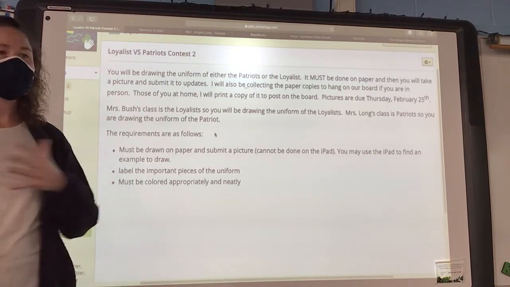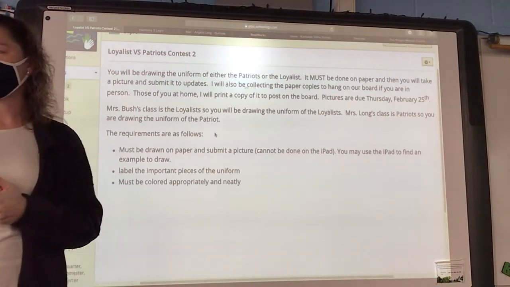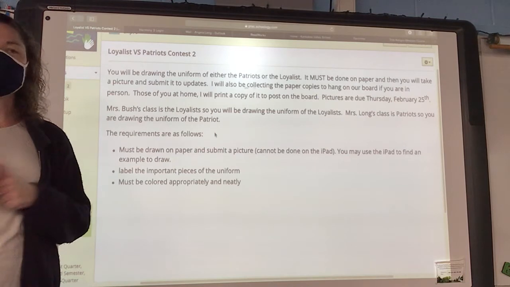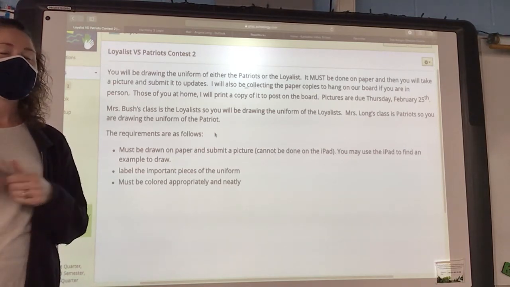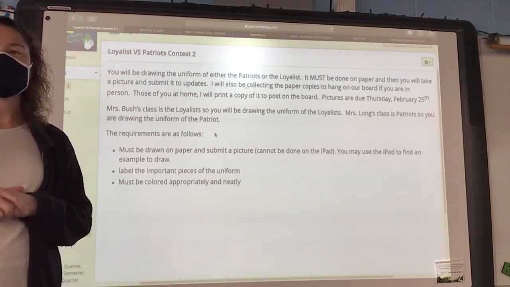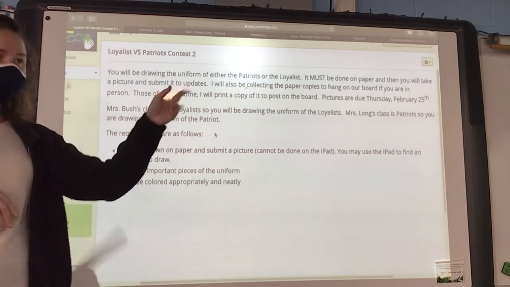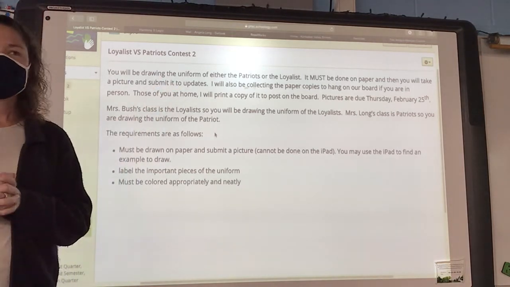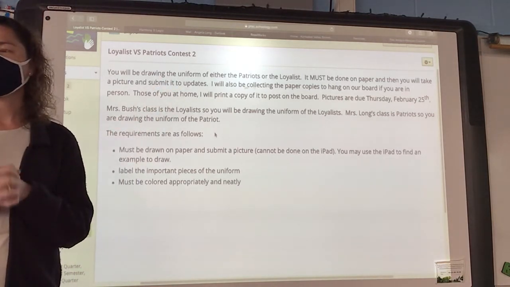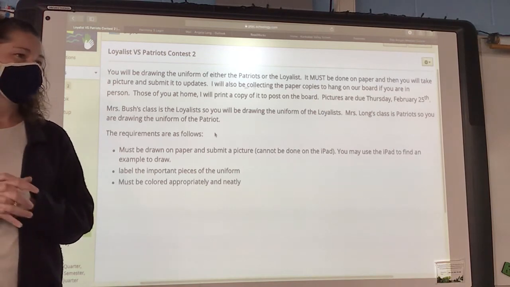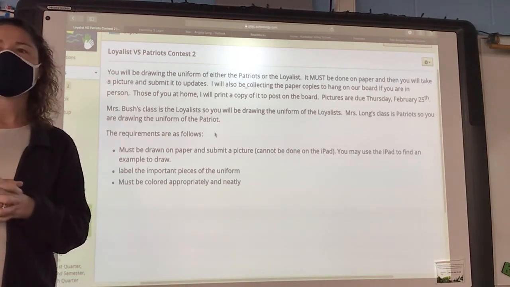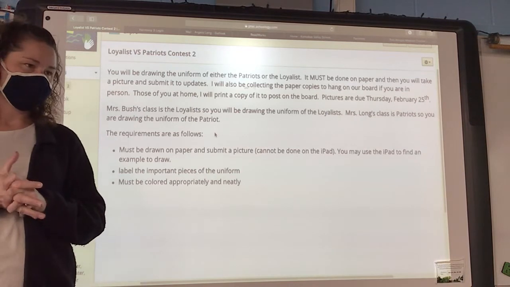Okay, I don't want you using your iPad and sketchbook and Notability to draw something. It has to be drawn on paper, and then you take a picture of it and you submit it that way. We're just listening. I'll collect those pictures because I'm going to hang them up here on the board outside our door. Okay, and there will be one winner picked for 10 points towards the Loyalists versus Patriots contest.